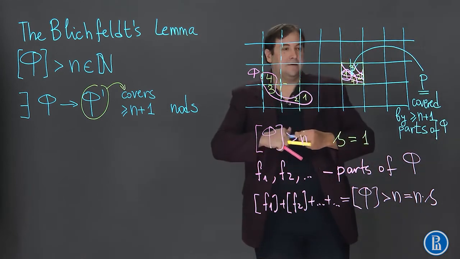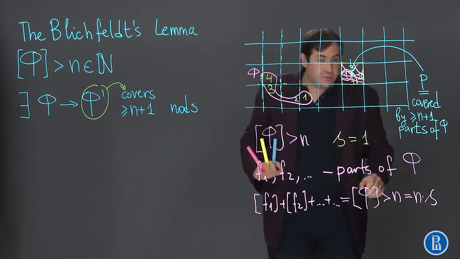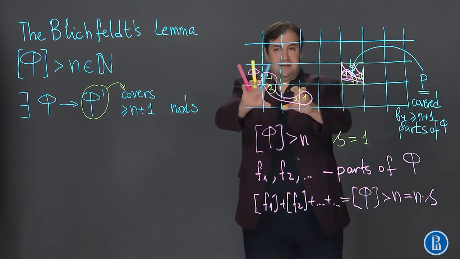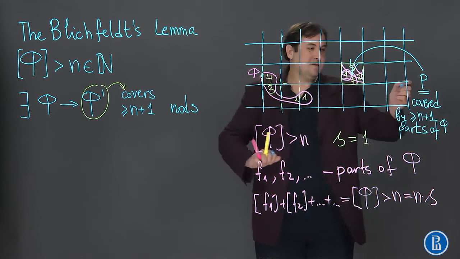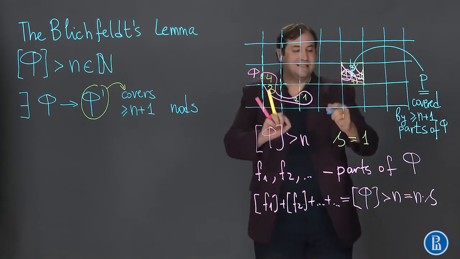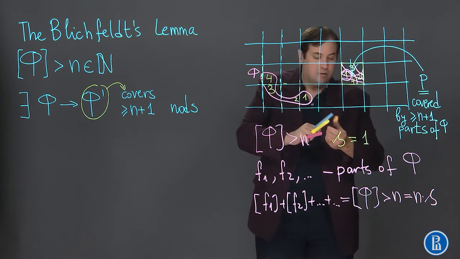Which means that if we now return all the parts to their places, this point P will have corresponding points in at least n plus 1 parts.